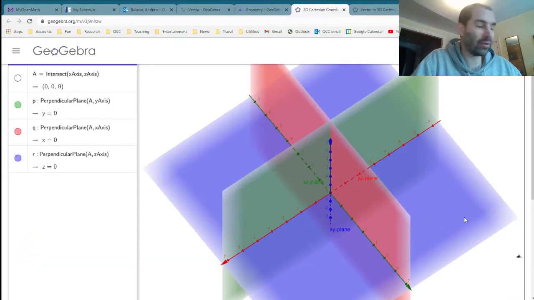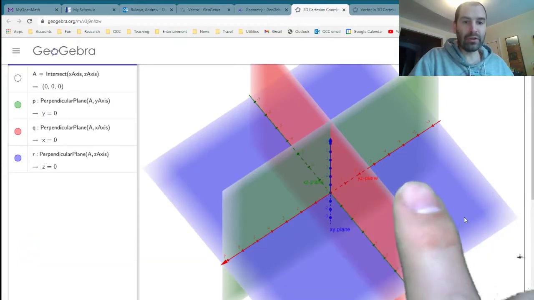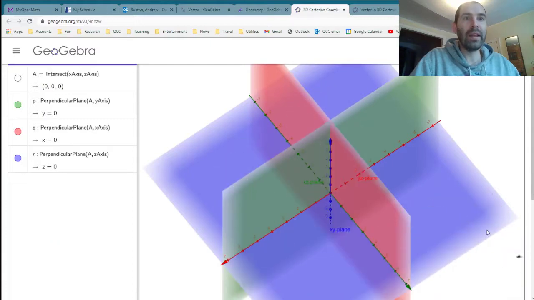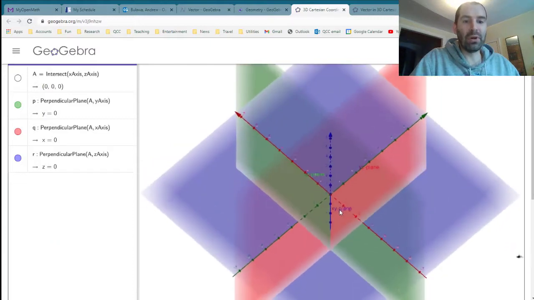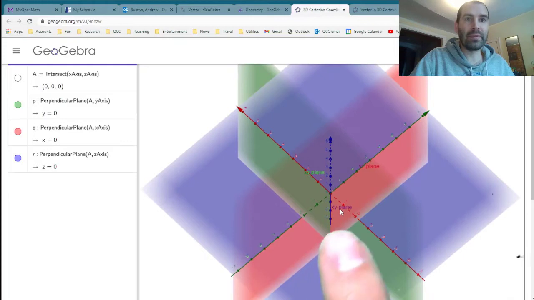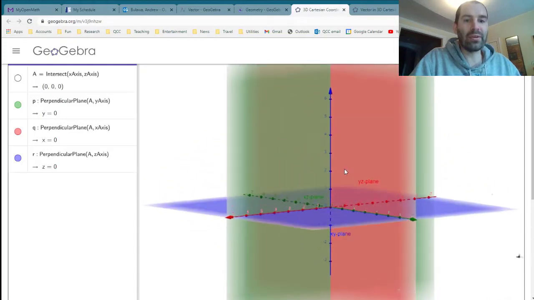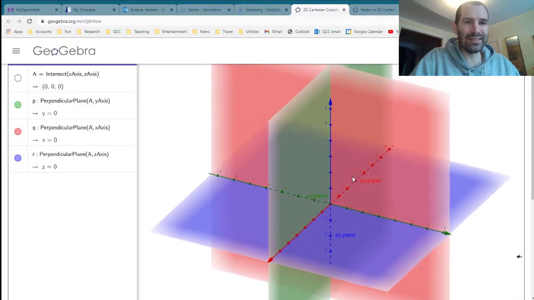Above the xy plane, we have 1, 2, 3, 4 up here, and then we have 4 regions below the xy plane. And so we have split three-dimensional space into 8 regions, and these are called octants. There are ways to number these, but I don't think we're going to need to remember the numbering, but know that this happens.